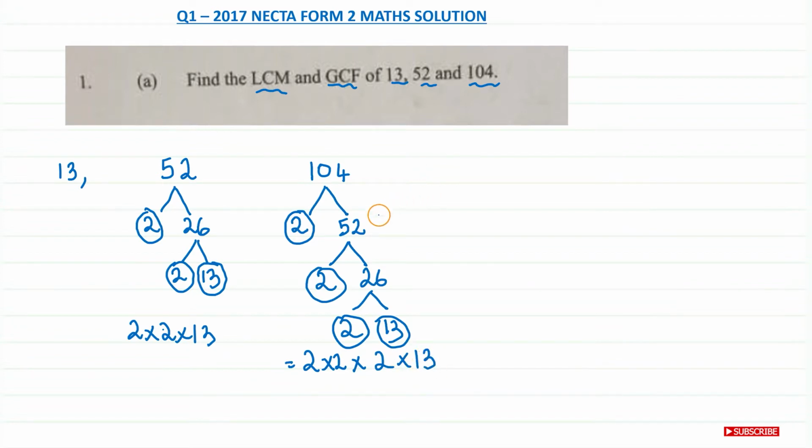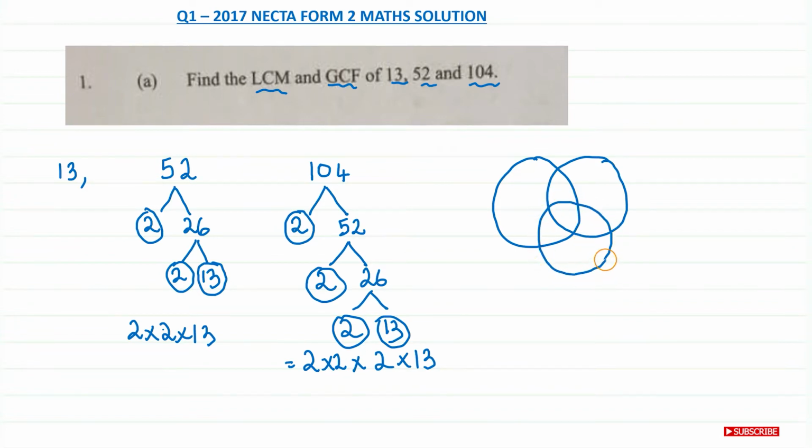Now how do we go about finding first the lowest common multiple and then the greatest common factor? I advise you to do Venn diagrams. We've got three numbers, 13, 52, 104, so let's draw three circles. One circle, another circle, and another circle.